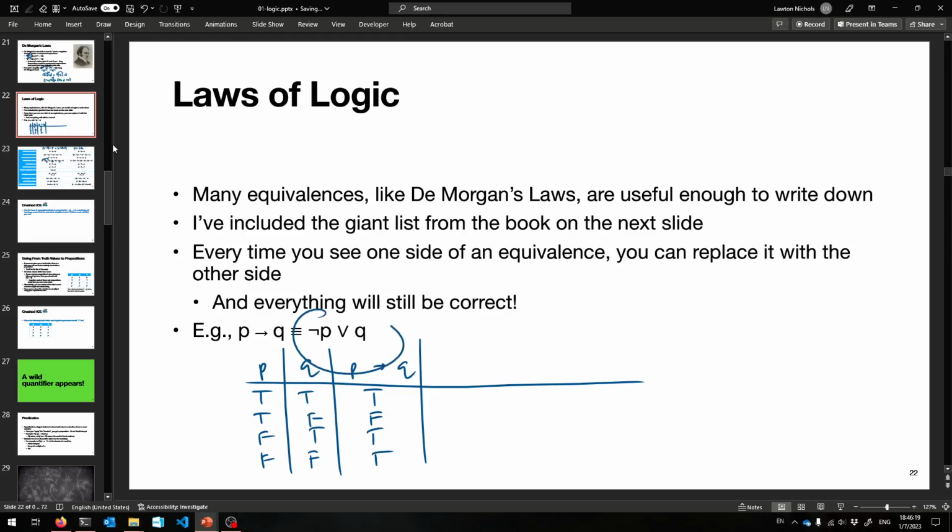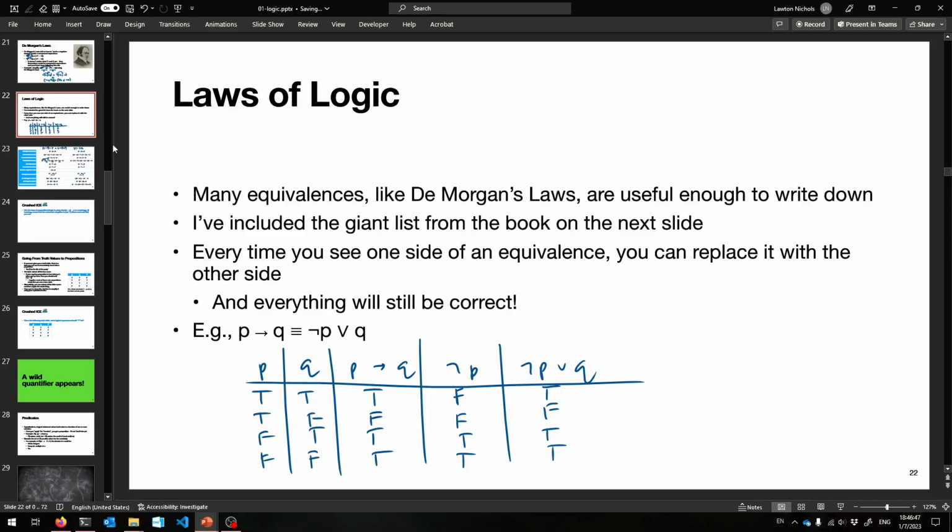And then I need to show you that that's equivalent to not P OR Q. So let's have not P first: false, false, true, true. Then take this and OR it with Q. So we get true, false, true, true.